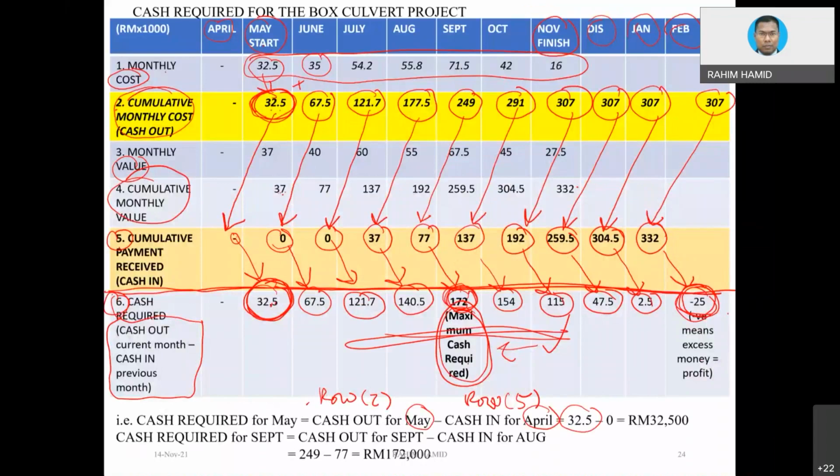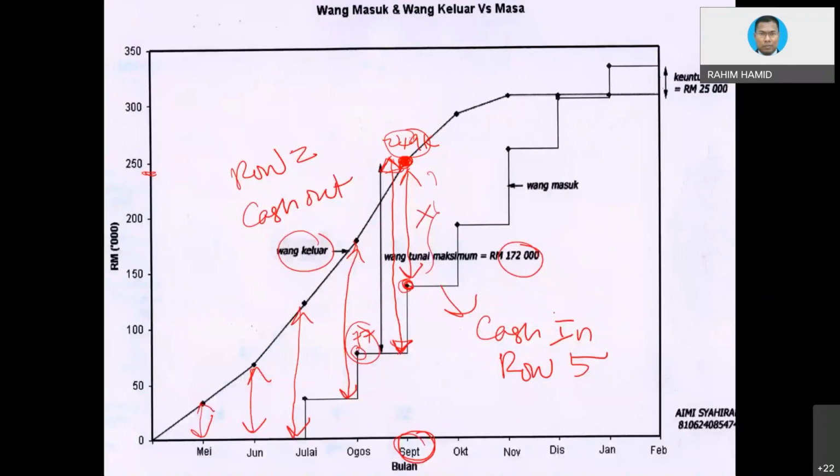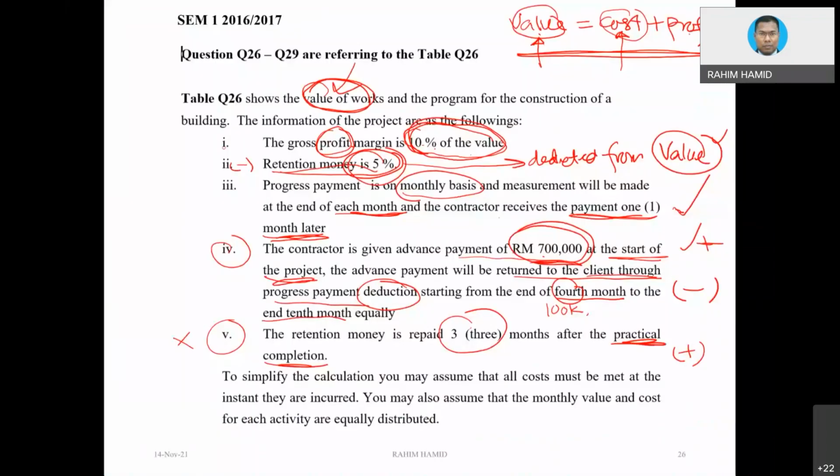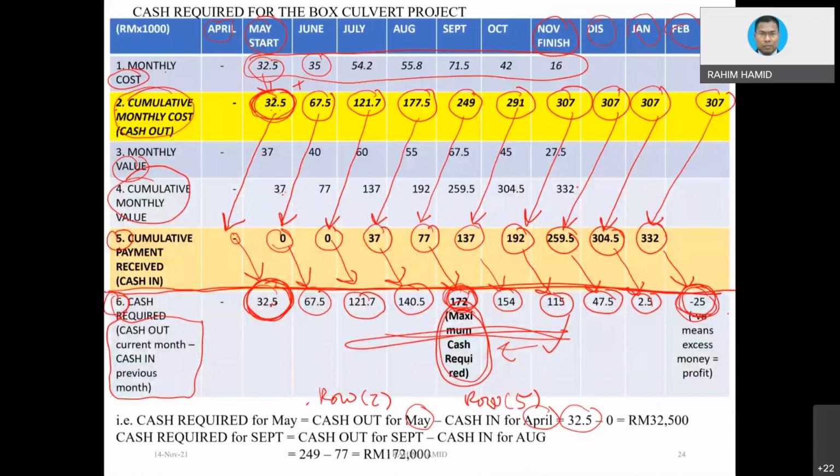So this is a trick. If you already understand the trick, basically you can ignore it. If you want to do the calculation in full and see how the account closes, yeah, you have to do that. Because at the end of the day, for sure, you are going to see the account close very nicely between cash out and cash in.